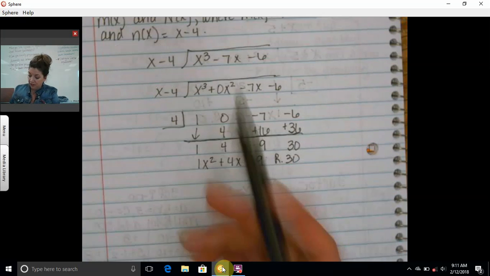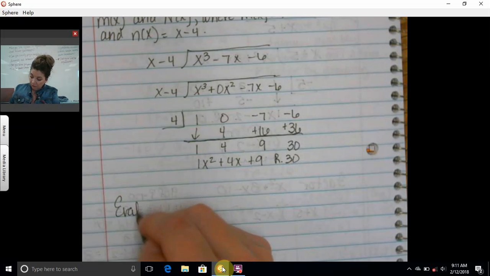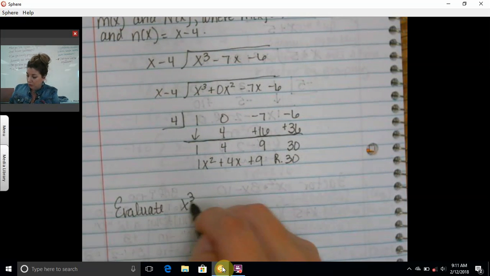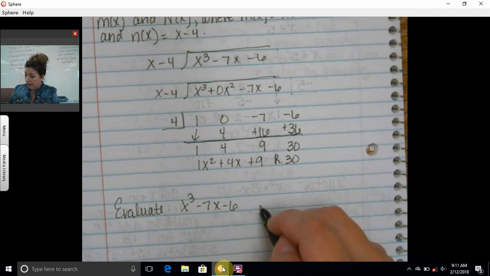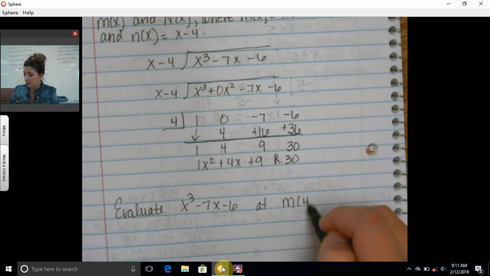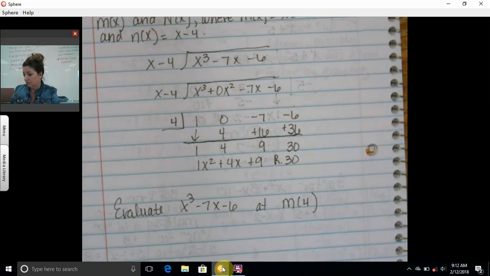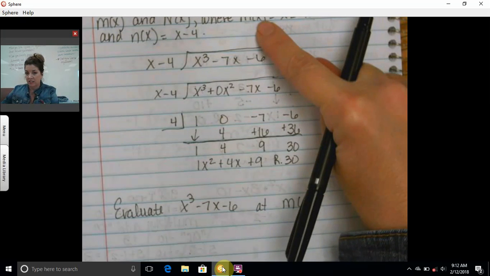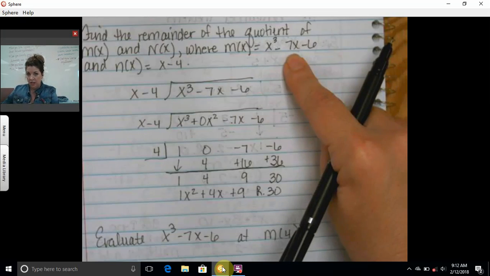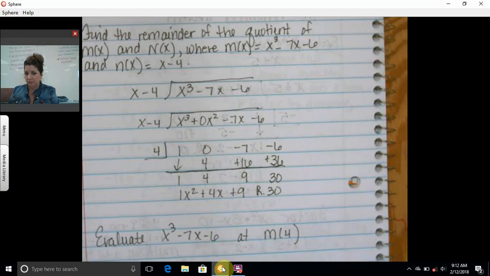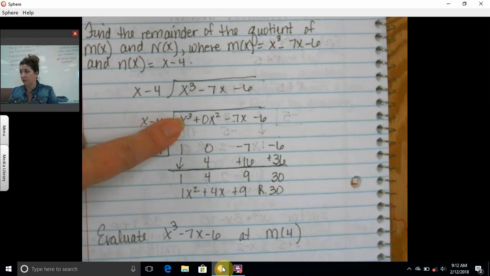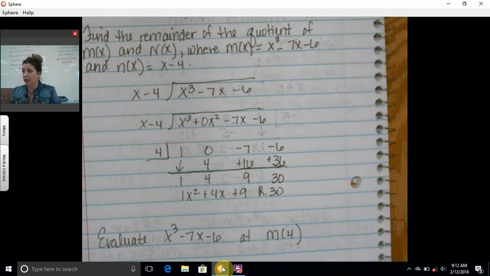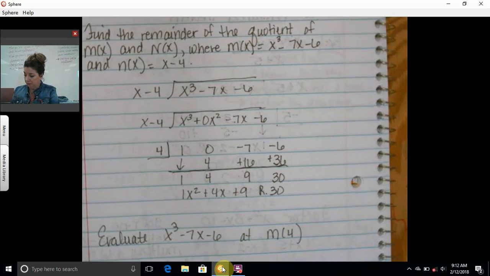So you're going to evaluate x cubed minus 7x minus 6 at m of 4. And I used m because that's the function that x cubed minus 7x minus 6 was. 4 because that's the number that we put behind the little house. So if we just substitute 4 into that function for x and evaluate, we're automatically going to know what the remainder is. So let me show you.